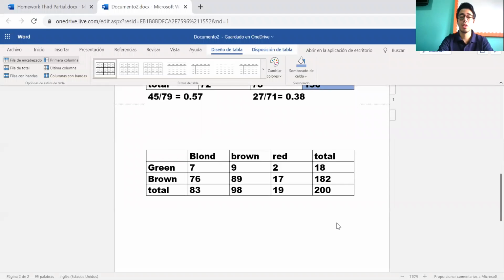And remember that we can construct this table the other way: blonde, brown, red, and the total in the rows, and change the eye color to the columns. Remember your homework is to complete pages 234, 35, and 36. I'm going to finish here with the recording of this.